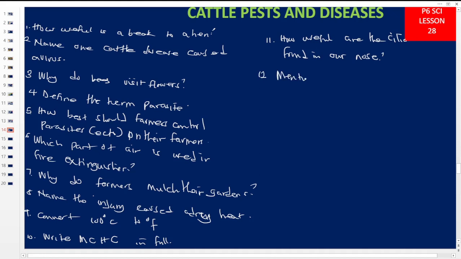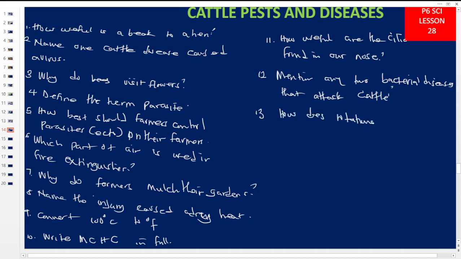Number 12. Mention any 2 bacterial diseases that attack cattle. Number 13. How does rotational grazing control external parasites?